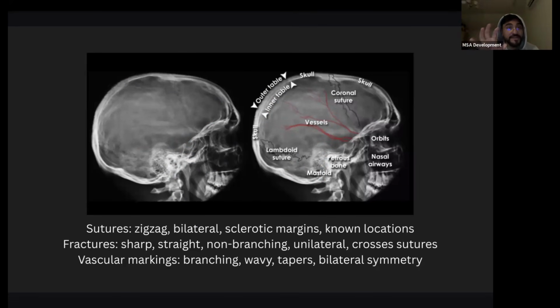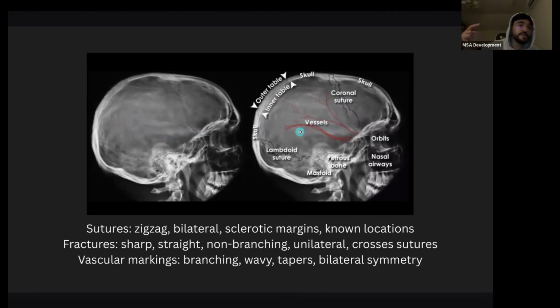The vascular markings, usually they're going to be branching. If you look, this is a branching marking. This one is definitely a vascular marking, right here. So it's not a fracture.